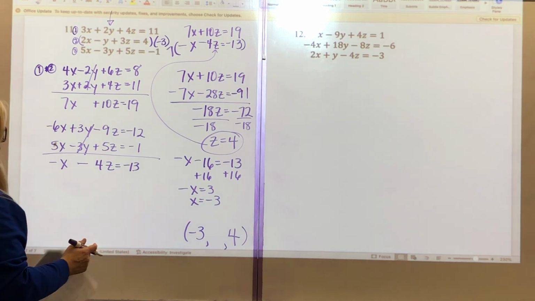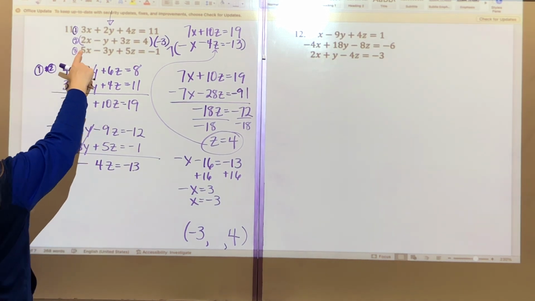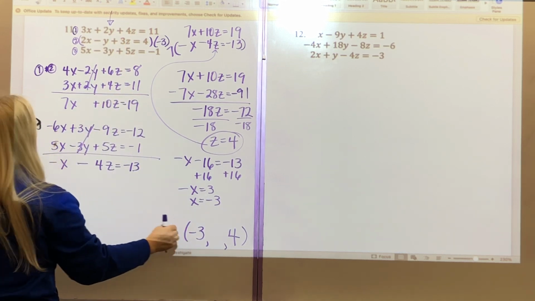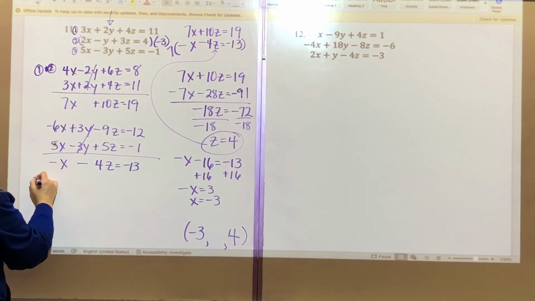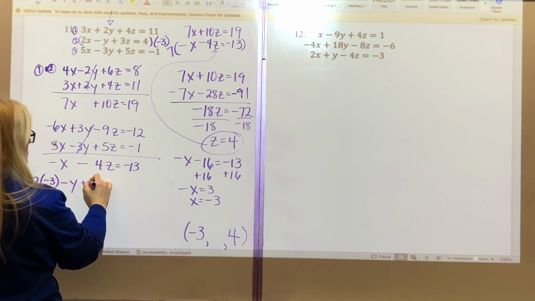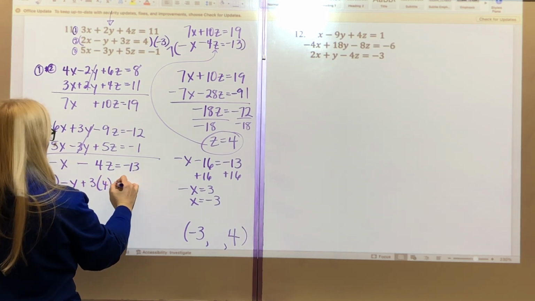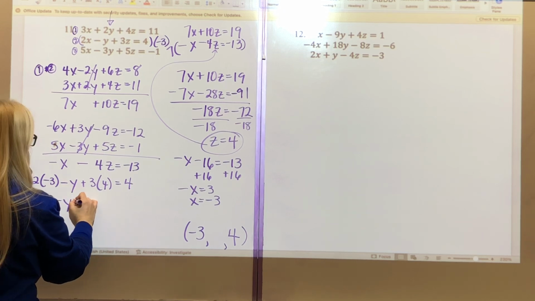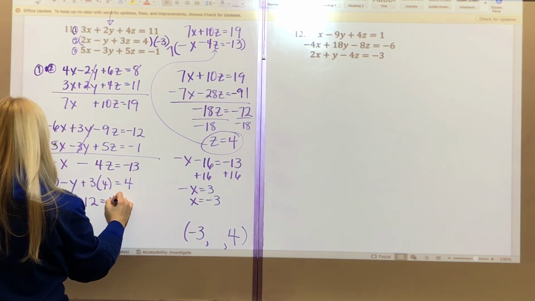And then we plug these in. I'm going to do this one. I'm going to plug in x and z with what I've got. So 2 times negative 3 minus y plus 3 times 4 equals 4. So negative 6 minus y plus 12 equals 4.